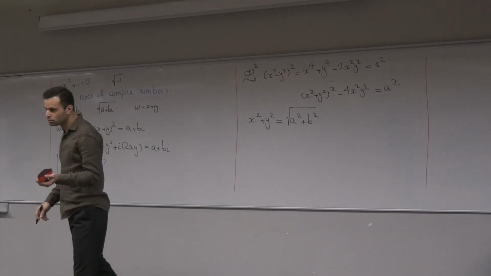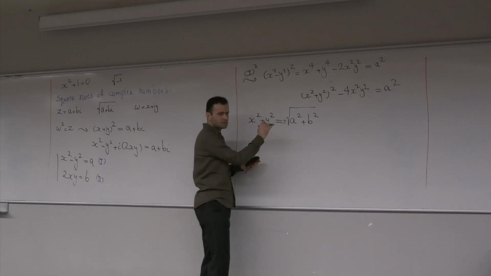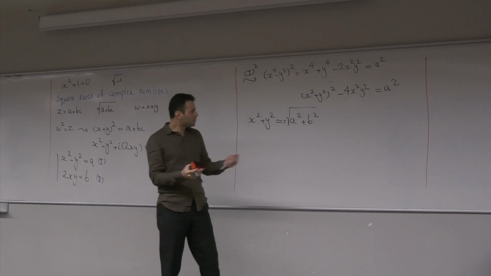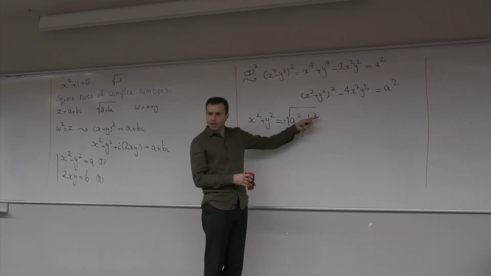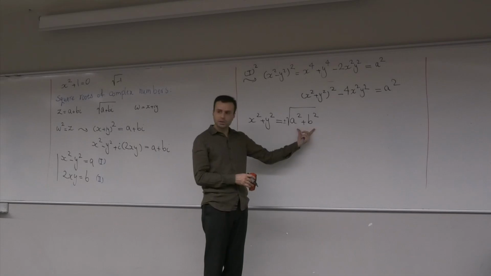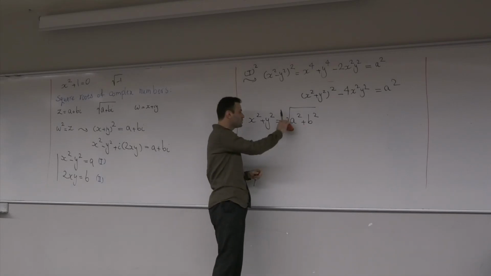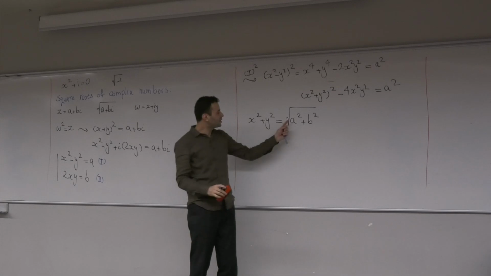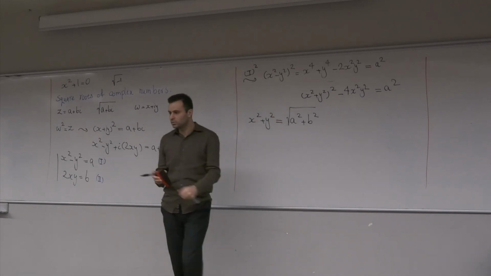Can I do it? I need to also maybe put a plus and minus here, right? But look at this. Is this a positive number or a negative number? This is always a positive number, and the square root of a positive number is a positive real number, because a and b are real numbers. So there is no need for me to select it with a minus or with a plus.